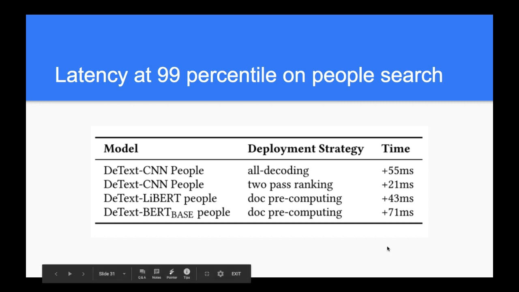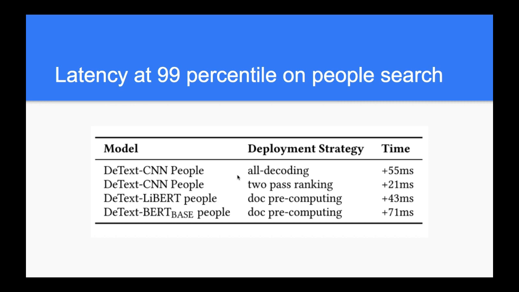latency. So in this data, you can see the CNN, if you do the full decoding, basically, like I mentioned previously, there are 2-pass ranking. If they don't do 2-pass ranking, they just rank the whole document, then the latency is like 55 milliseconds plus compared to the baseline, basically. And also if you do the 2-pass ranking, then it's like only 21 milliseconds more than the baseline, which is quite good, very good actually.